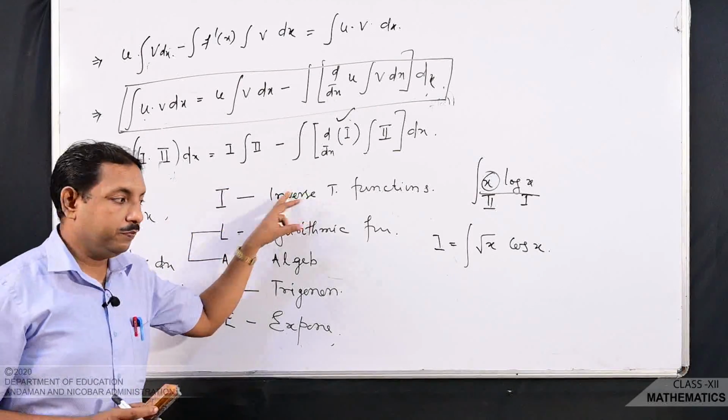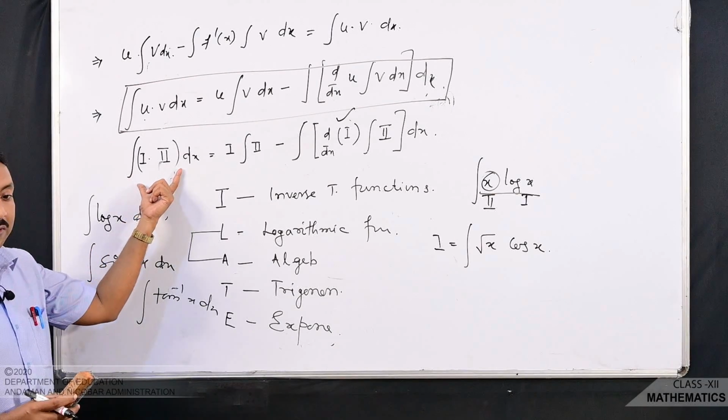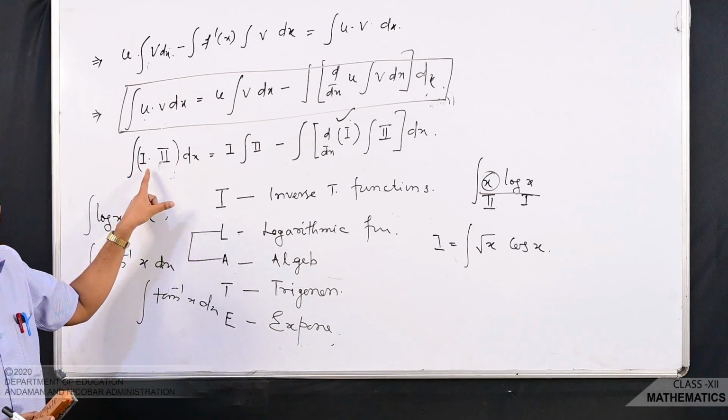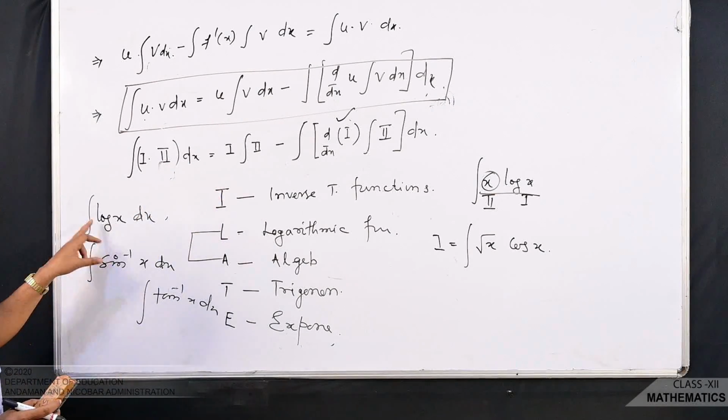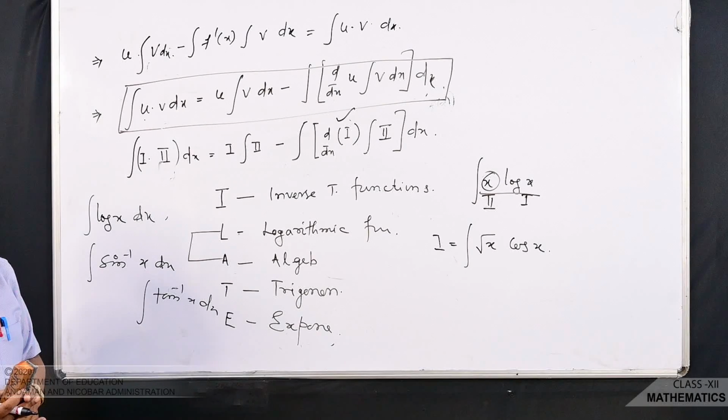So, we can find the integration of these functions, especially the logarithmic function and inverse trigonometric functions, by using this one. But the question is, here you can see this can be used as the product of 2 functions, but here there is only one function. So, how can we take the integration by parts over here?